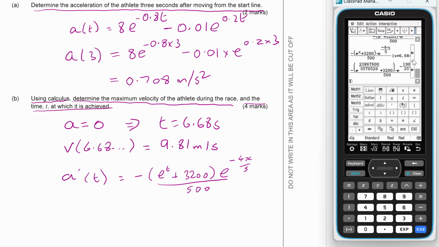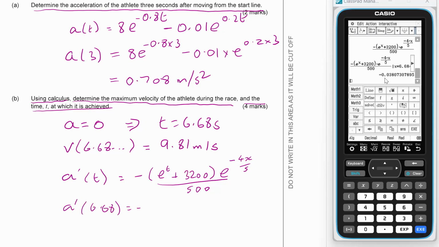And it would have been better in decimal. So it's negative 0.03. So a dashed of 6.68 is negative 0.03, and the negative implies it's a max.